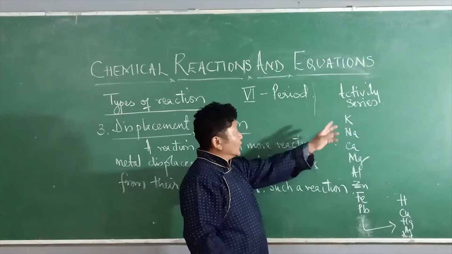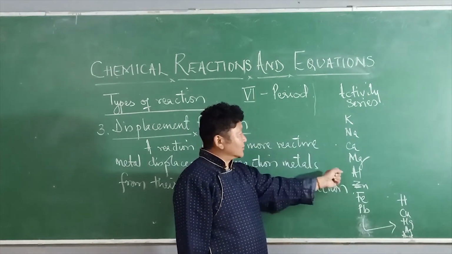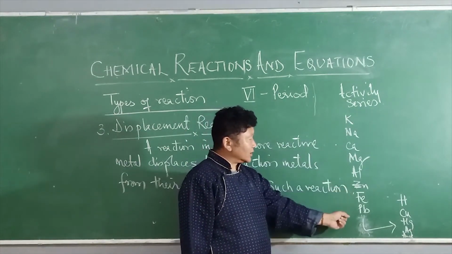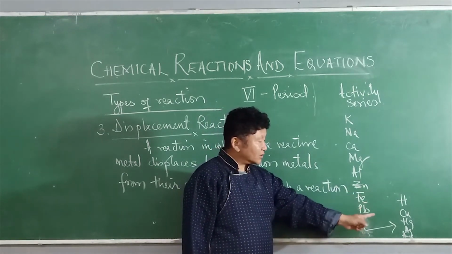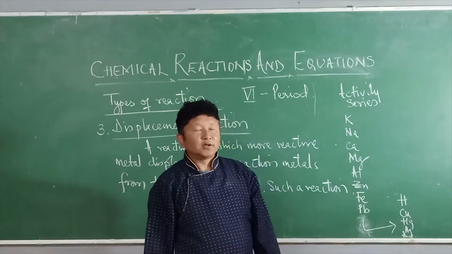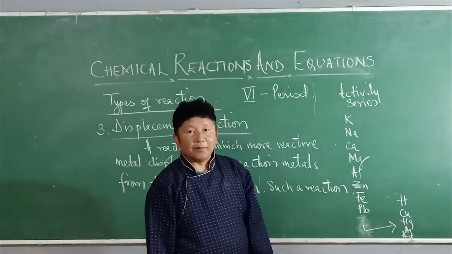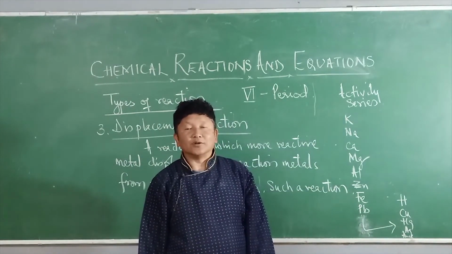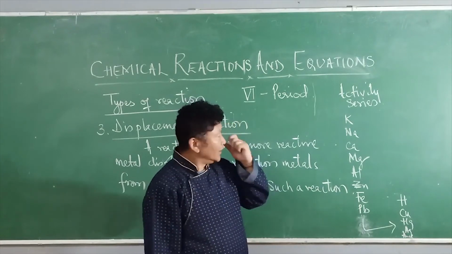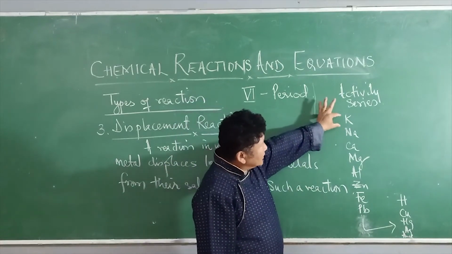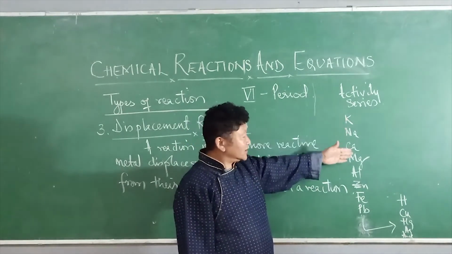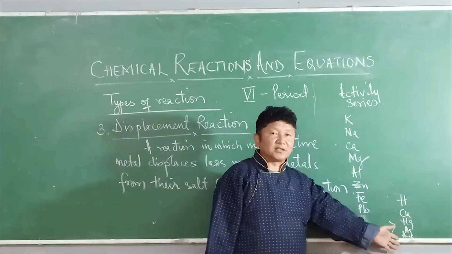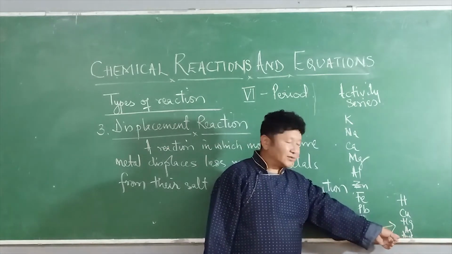Potassium, sodium, calcium, magnesium, aluminium, zinc, iron, lead, hydrogen, copper, mercury, silver, gold. These are the metals in decreasing order of their reactivities. More reactive metals are at the top of this activity series, and least reactive metals are at the bottom.